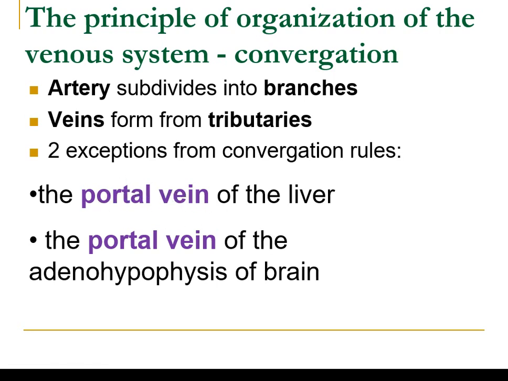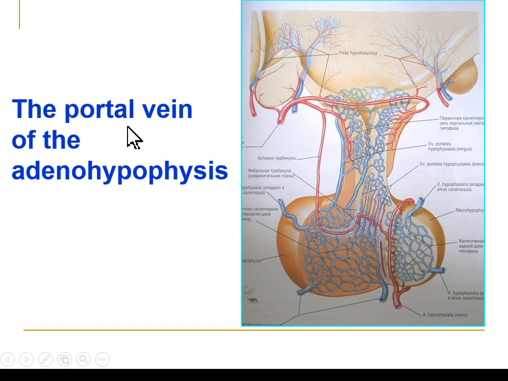The main principle of the arterial system is the divergence principle. The artery subdivides into branches, and veins form from tributaries. Here are the two exceptions: the portal vein of the liver and the portal vein of the adenohypophysis of the brain. Here we can see the portal vein of the adenohypophysis.